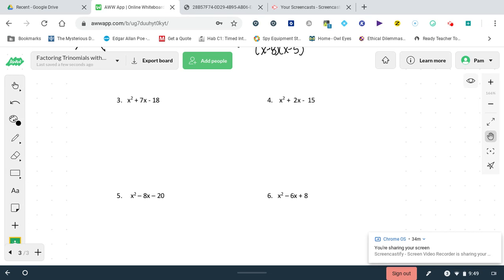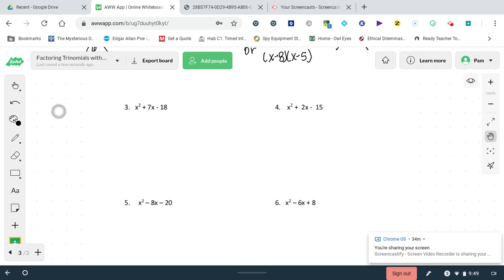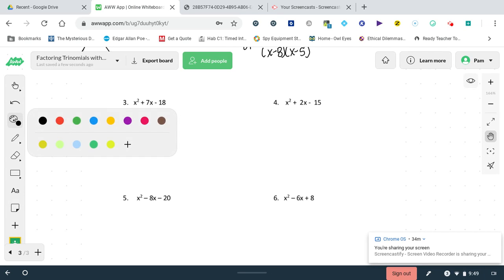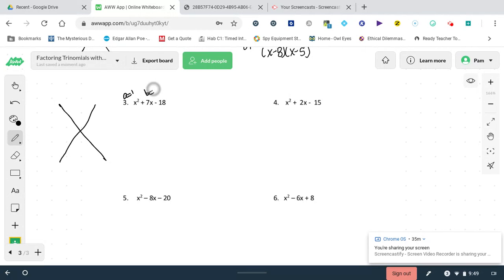All right, let's take a look at number 3. A is 1, B is 7, C is negative 18. It's going to put negative 18 here, 7 there. Okay, because this top number is negative, I know that I had to multiply negative times a positive to get a negative.